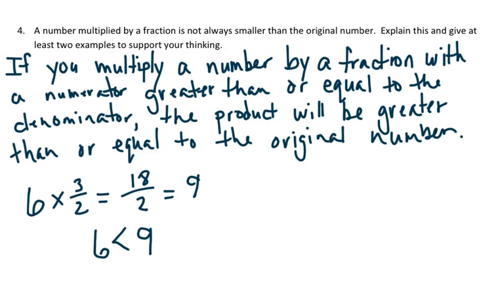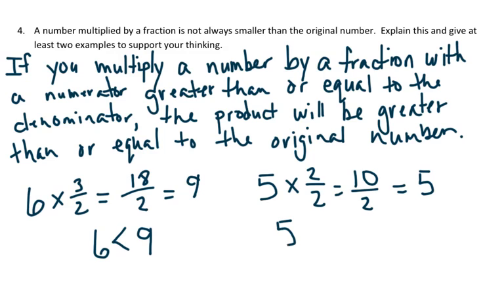And we have the whole number 5, and we're going to multiply that by 2/2, which is going to give you 10/2, which is equal to 5, and 5 is equal to 5. So you see in both of those cases that it's not always smaller than the original number.